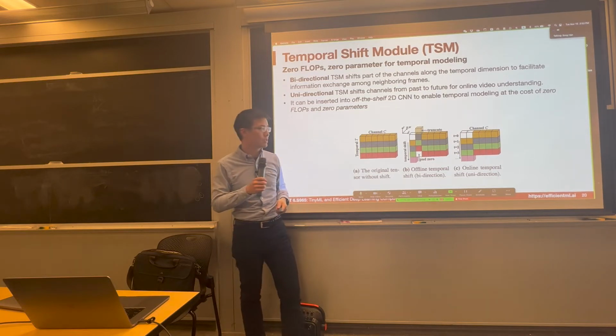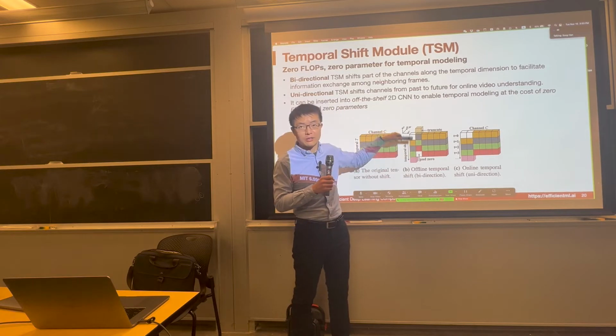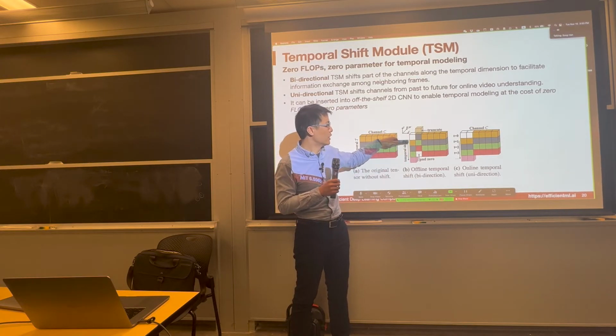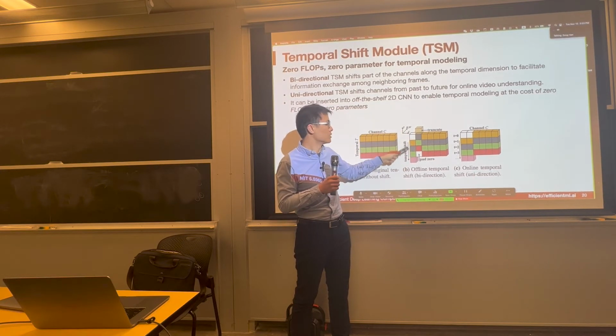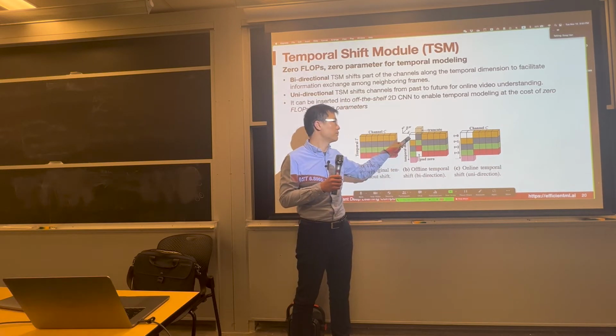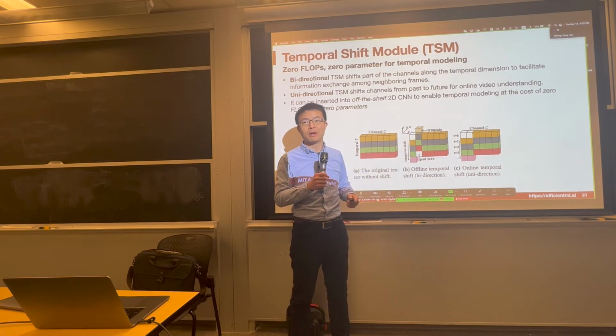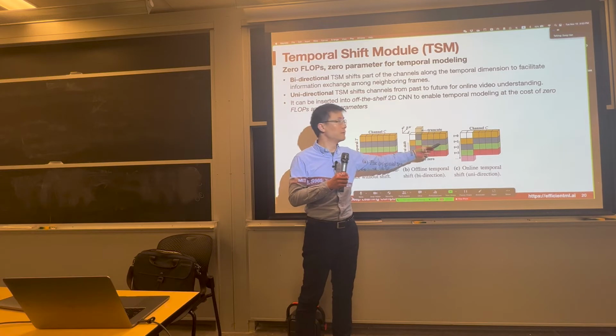Okay, so let's see what it does. We can shift along the temporal dimension. Originally we have T1, T2, T3, T4, but now we shift some channels down by one step, and here we are shifting some up by one step, right? So let's see what happens to T2.